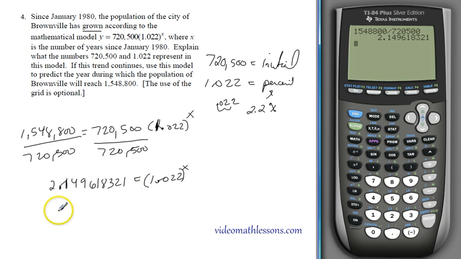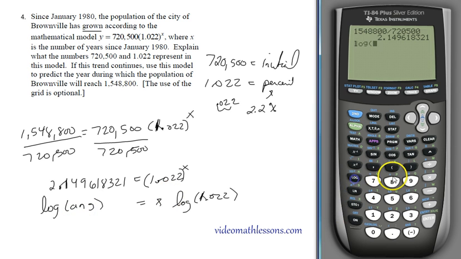Now, I'm going to take the log of both sides. So I'm going to do log of this equals x log 1.022. Now, I'm not going to retype this whole thing in the calculator. I'm going to use log answer. So I'm just going to hit log answer, and it'll take all those weird decimals and put it in the calculator for me.